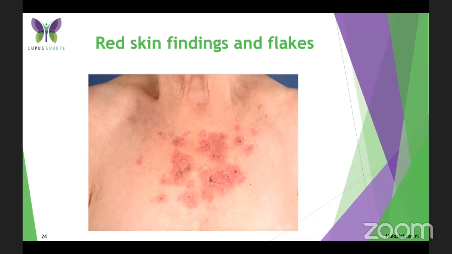The chest is one of the areas of our body which is usually exposed to sunlight, even without you going sunbathing. Even if you go outside for shopping, the sun usually reaches your skin or your chest. So this is one of the examples. Next slide, please.